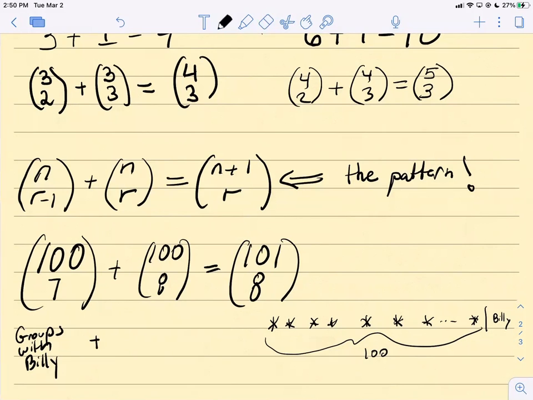If we don't want to include Billy in our group, well, Billy's out of the group, right? Then we have to pick another group of 8, but there's one person less out of the things we're picking from. So there's 100 choose 8 groups without Billy. Mm-hmm. Exactly, 100 choose 8.